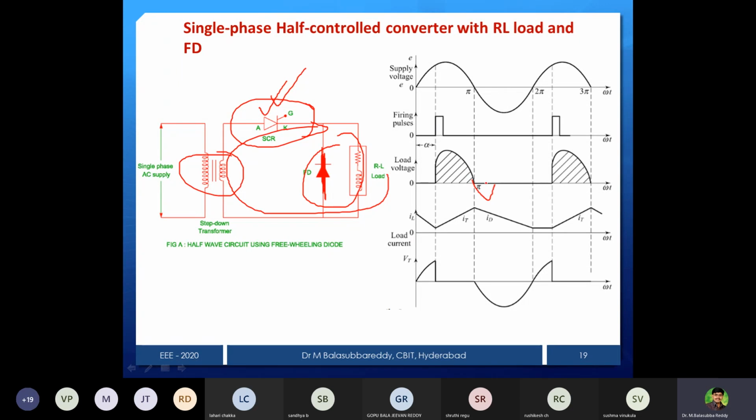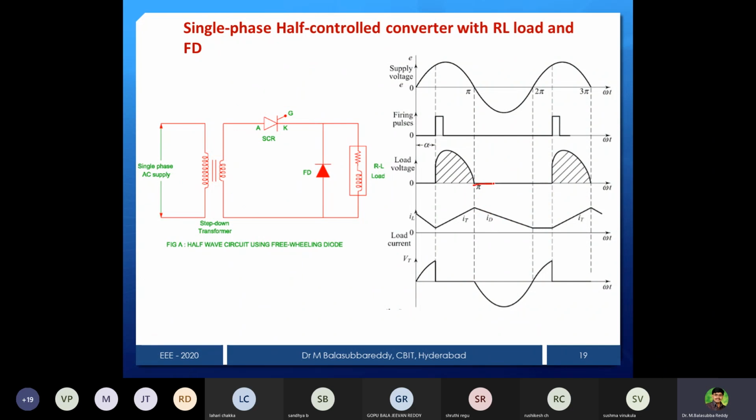But now to avoid that negative conduction, you are creating another path through the diode. Then this current will pass through the diode, so current will be present. Whatever energy is stored in this inductor passes through the diode rather than the thyristor. That's why diode current will be present, but the thyristor is in off state, so that portion is 0. So that is the difference.